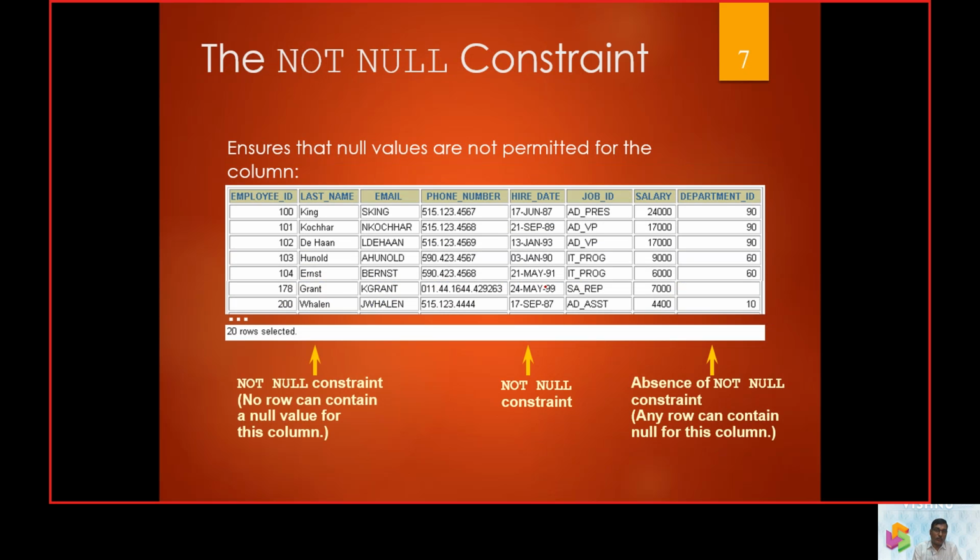So now, how does not null work? It ensures that null values are not permitted for a column. You can see 100, 101, 2. So everything is filled here. No row is going to contain a missing value. But here you can see this is a null value.